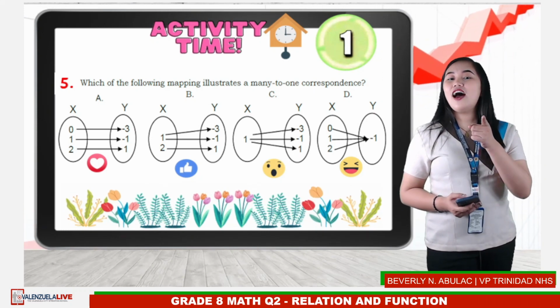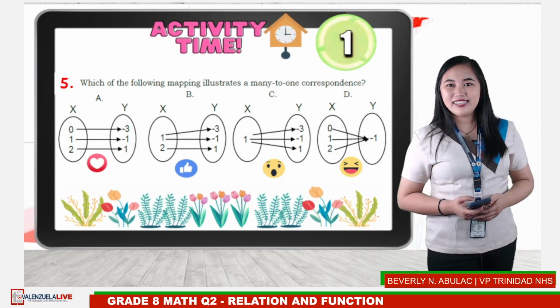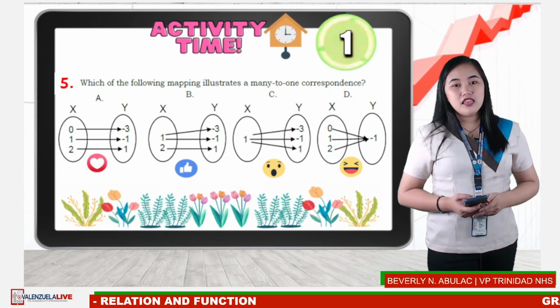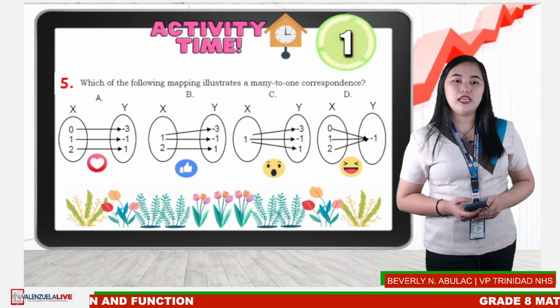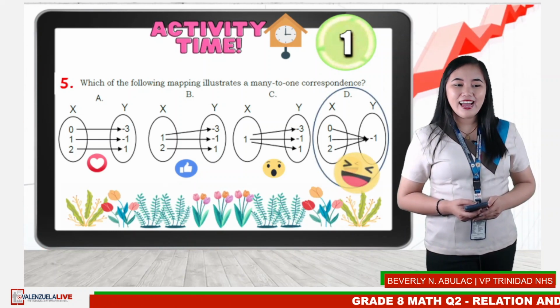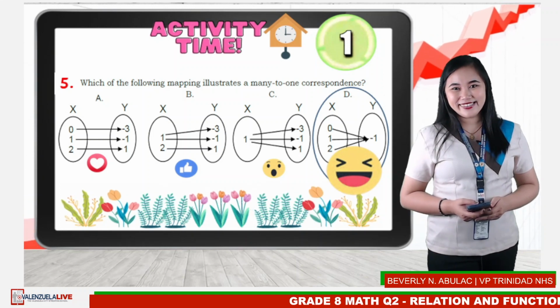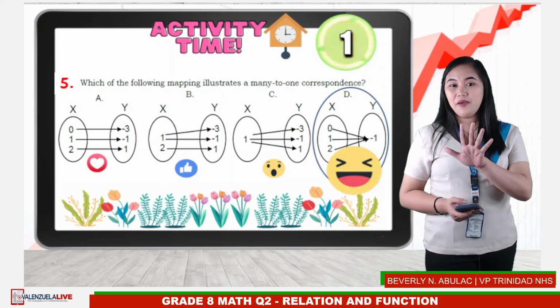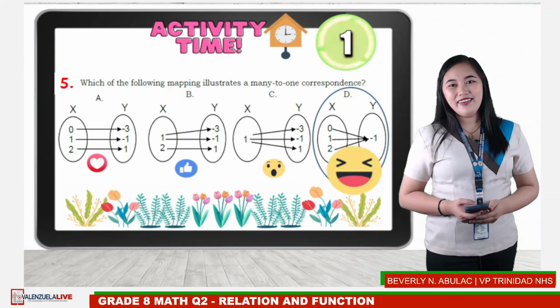Alright, are you done pressing the correct react button? Very good. The answer is letter D. Therefore, you should be able to press the haha react button. Have you got the perfect score of 5? Very good.